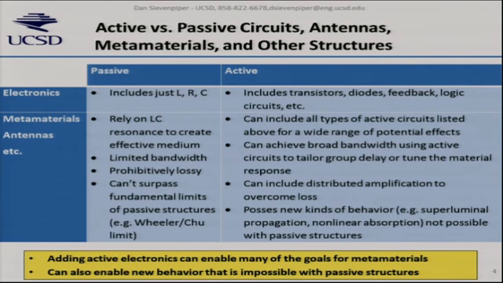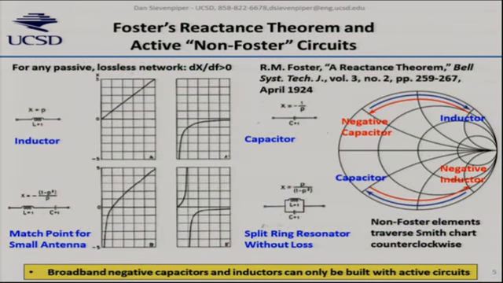We can get broader bandwidth than we could otherwise get with simply passive structures, as I'll show you later. And we can do all kinds of things that would just be impossible with passive metamaterials or passive antennas, superluminal propagation. I'll show you various things we can do with absorption that I won't talk about in this talk.